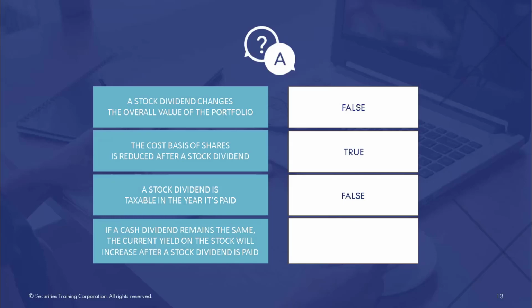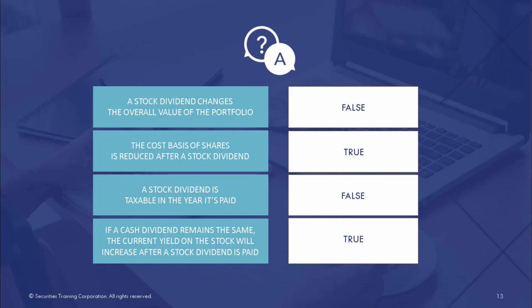Lastly, if a cash dividend remains the same, the current yield of the stock will increase after a stock dividend is paid. Think hard on this one. This is tricky. The amount of the dividend per share is going to remain the same after a stock dividend. What happens? The current yield will increase. Why?